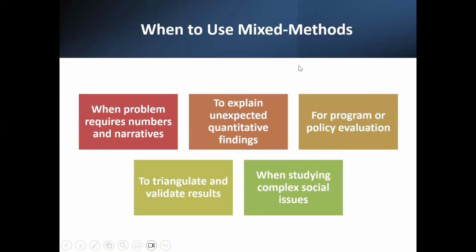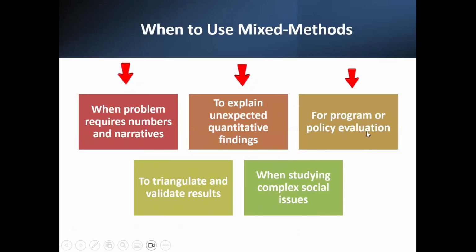So when to use mixed method? When problems require numbers and narrative to explain unexpected quantitative findings. After carrying out a quantitative study, if you got an unexpected finding, you can go on to carry out a qualitative study to find out what must have caused that finding.